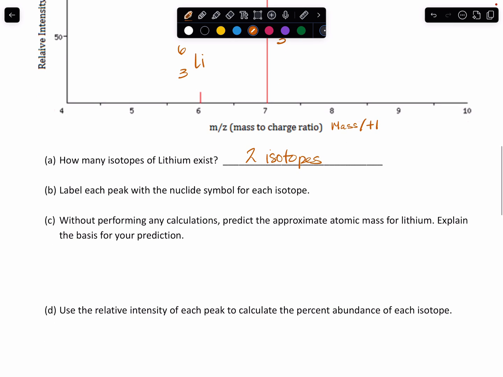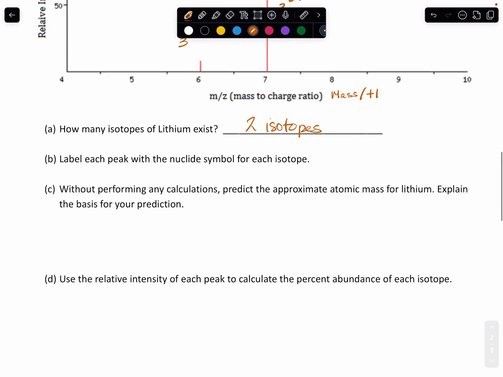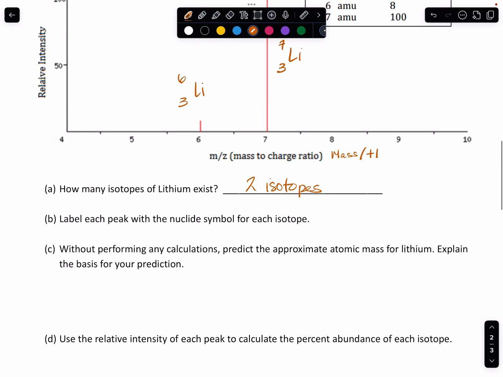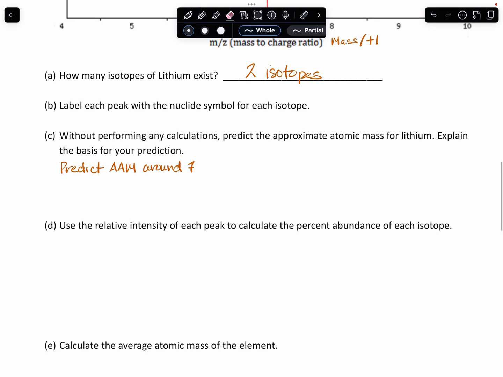All right. Without performing any calculations, predict the approximate atomic mass for lithium. All right. So I'm going to look. It is clearly going to be close to 7. All right. But I do have an isotope with a slightly lower mass. So I'm going to predict average atomic mass around, oops, not 7, 6.9 AMUs.